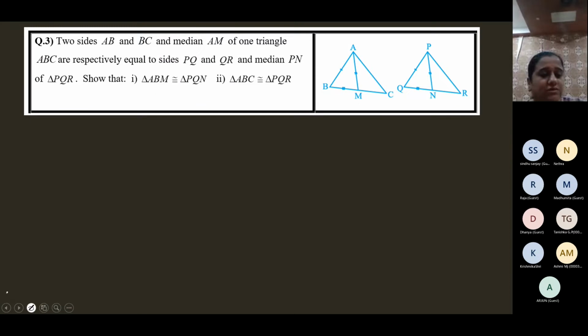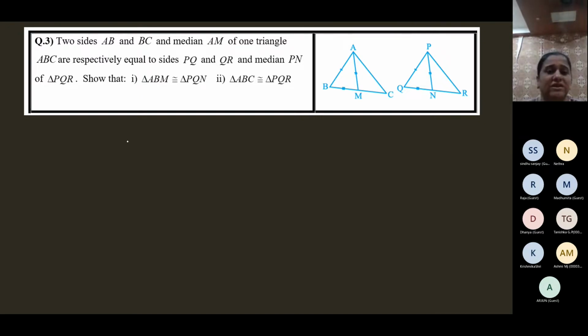So here also sometimes the figure will not be given, children. Two sides AB, BC and median AM of one triangle ABC are respectively equal to the sides PQ, QR and median PN of triangle PQR.